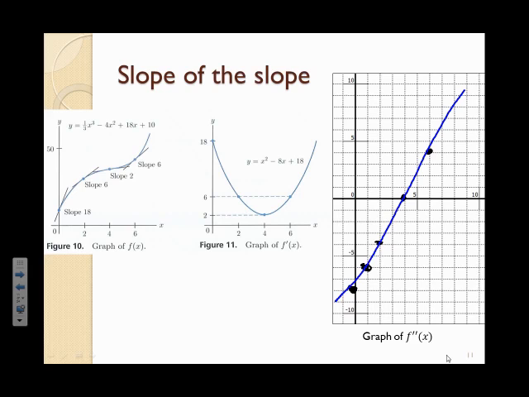Now, as we relate this, we realize here the second derivative is negative, right? If this is a graph of the second derivative, over this section, the y values are negative. -8, -6, -4, -2. Well, if the second derivative is negative, that means it's concave down. So in this part of it, yes, it's concave down.